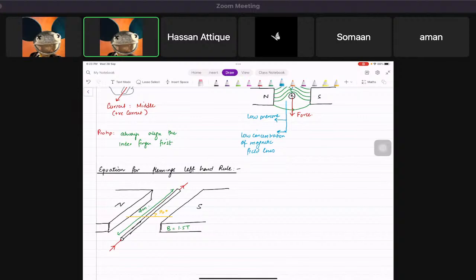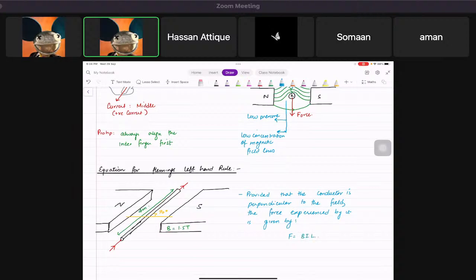So I'm just going to write it so that you guys do not forget, provided that the conductor is perpendicular to the field, the force experienced by it is given by F equals to B I L.